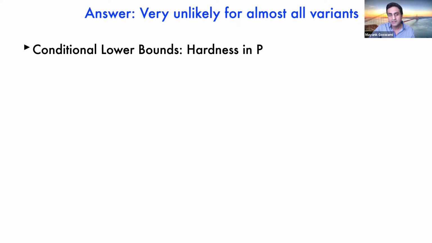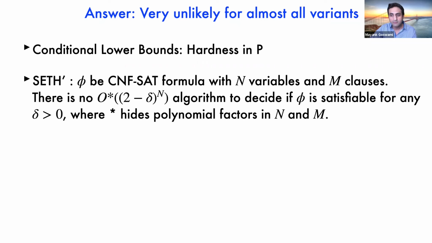So what I mean by very unlikely: this is a fairly recent field on conditional lower bounds, also called hardness in P. And one of the popular hypotheses in this field is SETH. We'll just work with a slightly different variant of SETH. So that's SETH prime, where if phi is a SAT formula in conjunctive normal form with n variables and m clauses, then there is no O star of (2 minus delta) to the n algorithm to decide satisfiability.